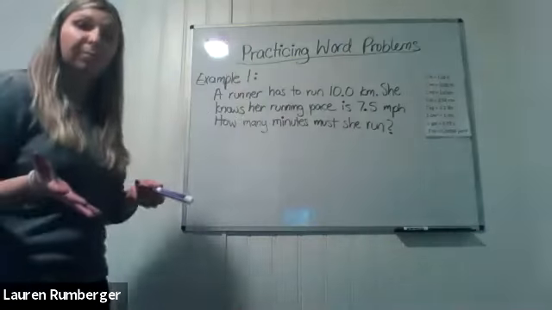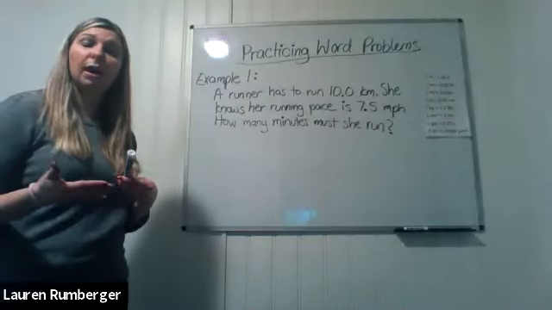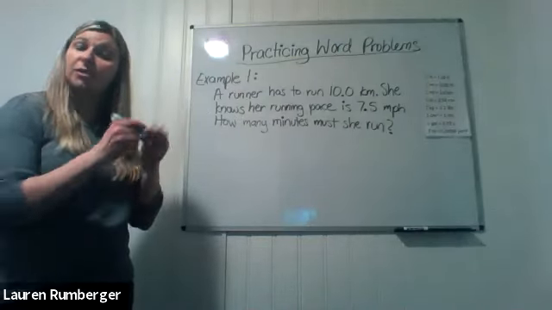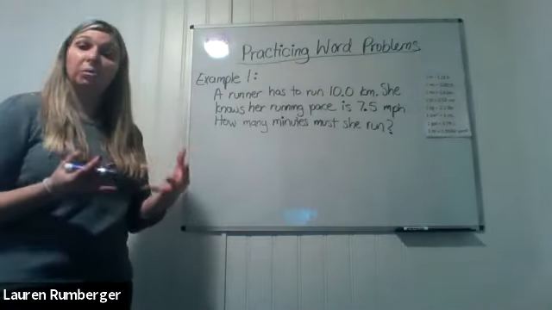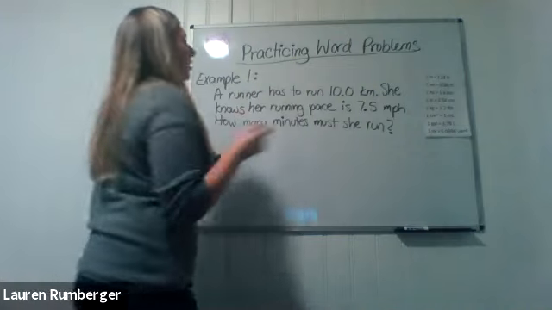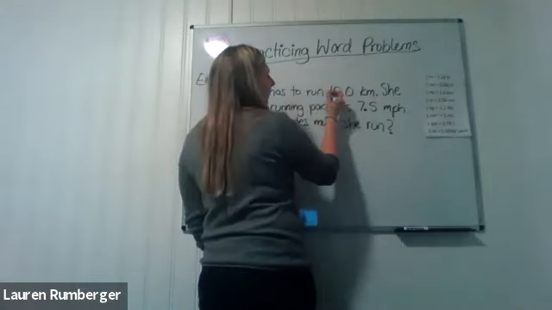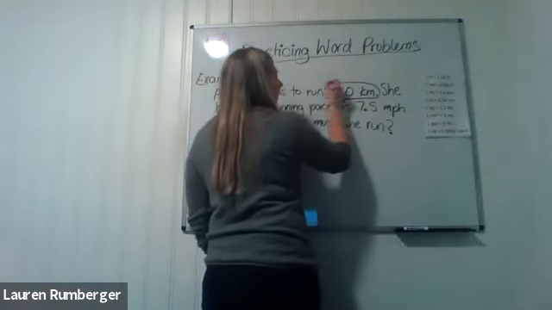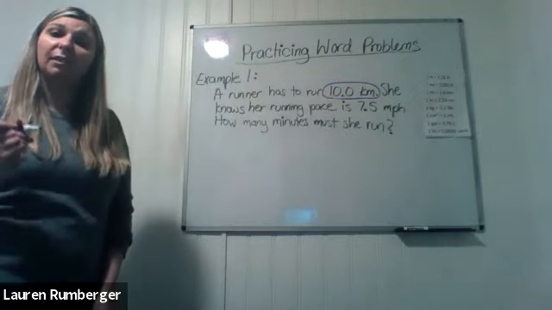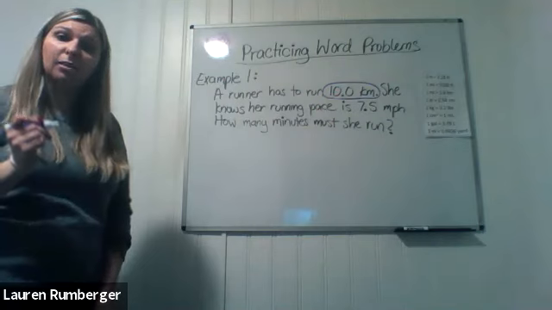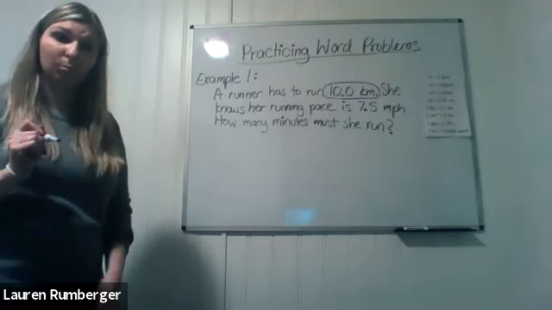What's helpful for students is to use colors and underline or circle things when they are reading word problems. So we're going to recognize this as being our given value. Our given value is that our runner has to run 10 kilometers.